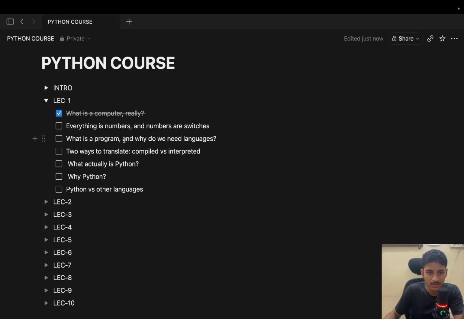And next thing, everything is numbers and numbers are switches. Everything is in the form of 0 and 1. Every 0 and 1 is just off or on, true or false. Off or on is either a bulb or, at the deepest level, a capacitor being charged or discharged, with a transistor as a switch giving a signal to the computer that it is true.